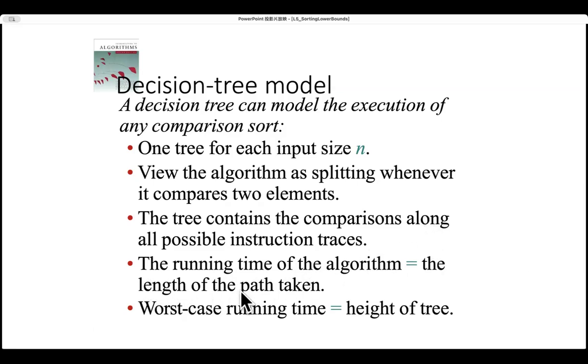Okay, so the worst case running time, if you use this way to consider the comparison-based sorting algorithm, will be the height of such a decision tree. Is that right? Because we are considering the worst case.